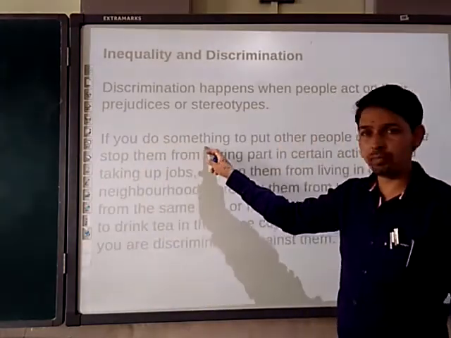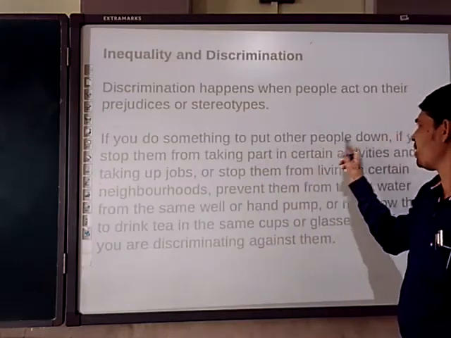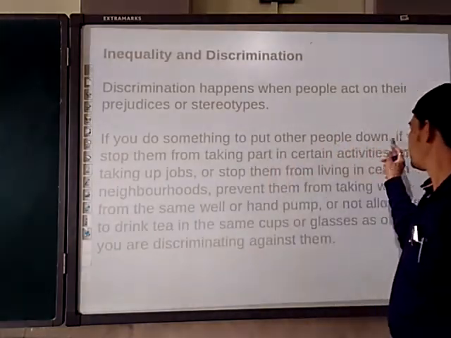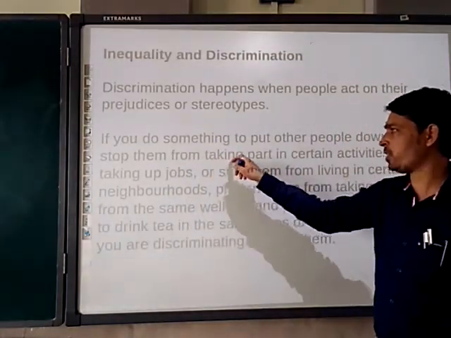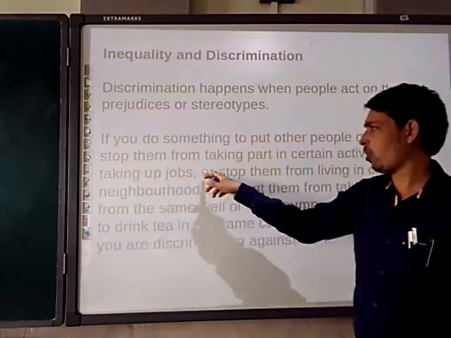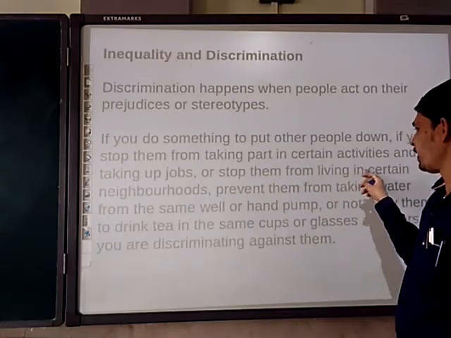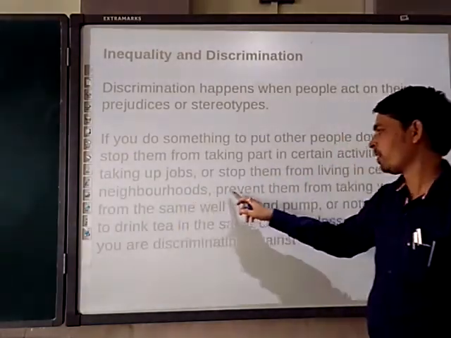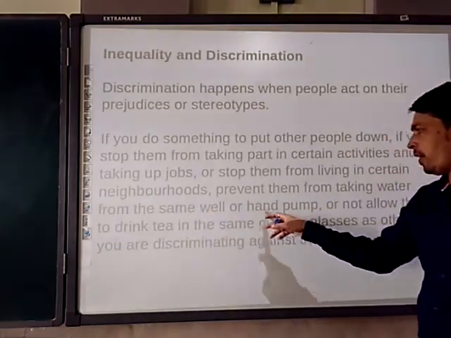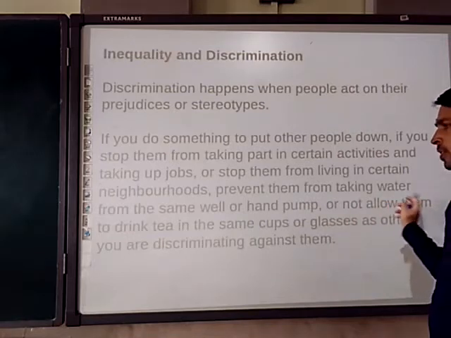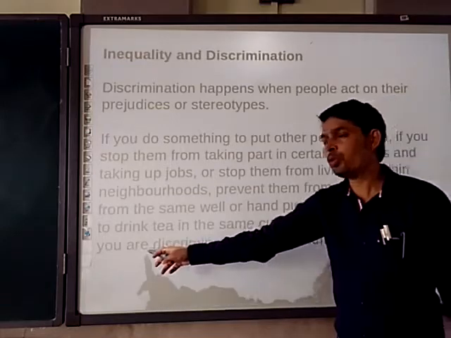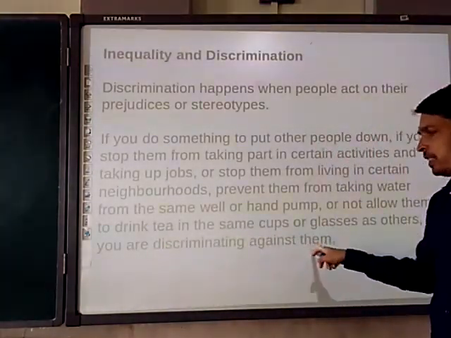If you do something to put other people down, if you stop them from taking part in certain activities and taking up jobs, or stop them from living in a certain neighborhood, prevent them from taking water from the same well or hand pump, or not allow them to drink tea in the same cups or glasses as others, you are discriminating against them.